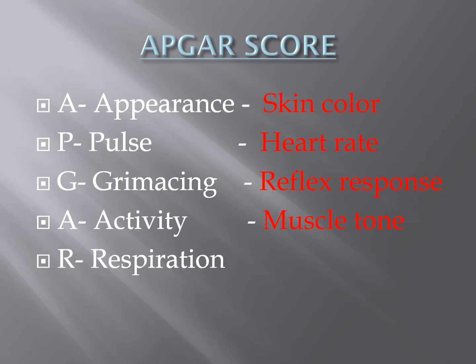Next, Apgar score. What does Apgar stand for? A stands for appearance, means skin color. P pulse, means heart rate. G grimacing, reflex responses. A activity, that means muscle tone. R respiration or breathing.